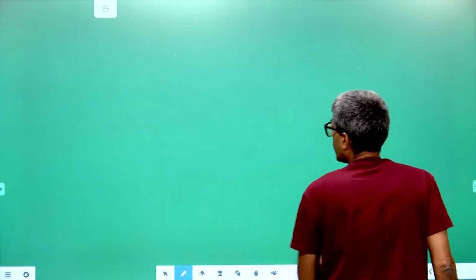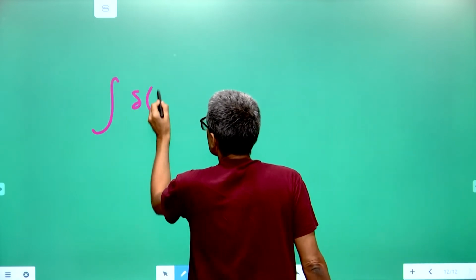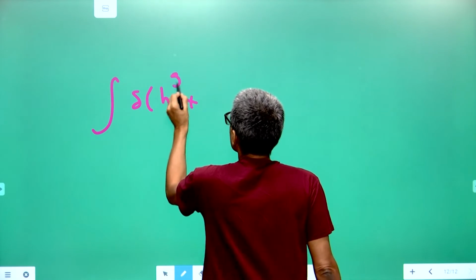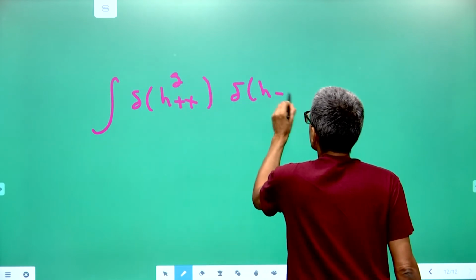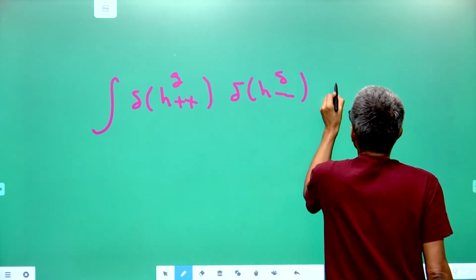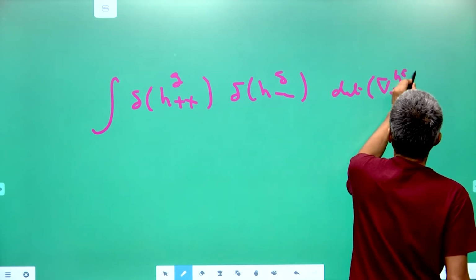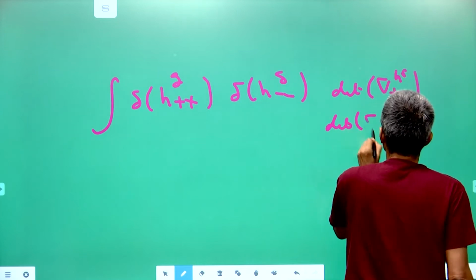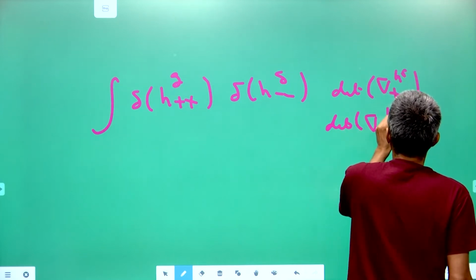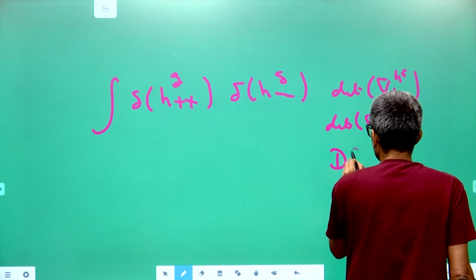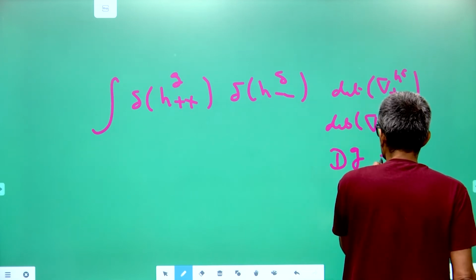So I get the equation: delta of h plus plus^g, delta of h minus minus^g, times the determinant of del plus at h^g, times the determinant of del minus at h^g, and then d g, that means d xi plus plus d xi minus minus, this is 1.